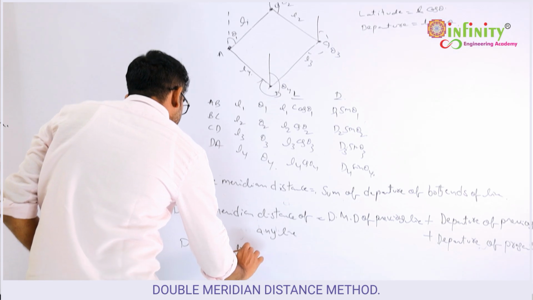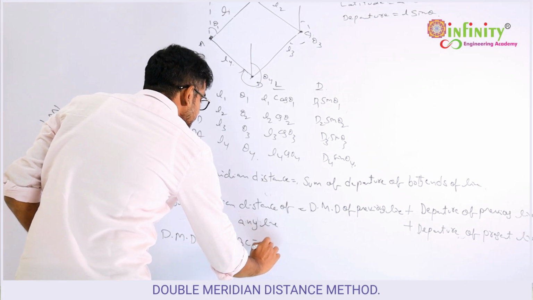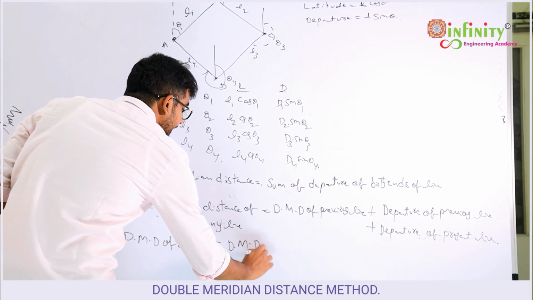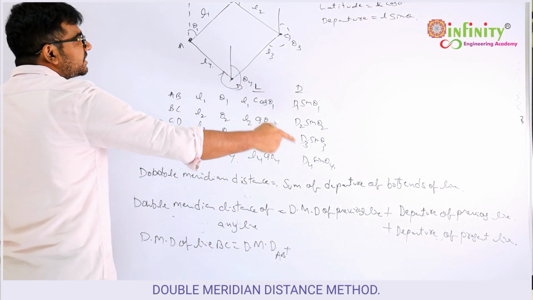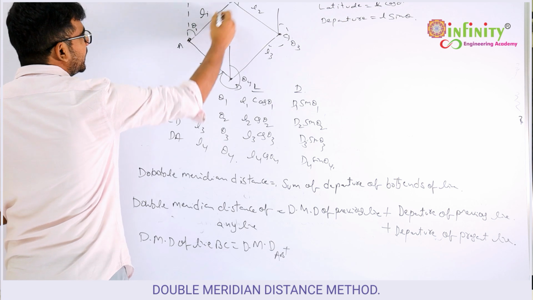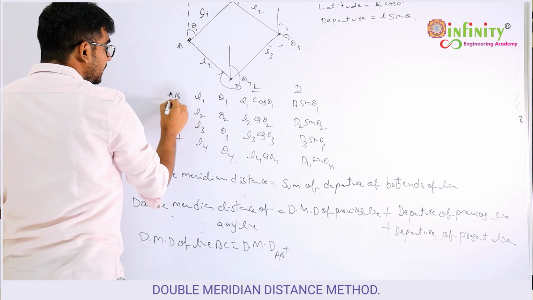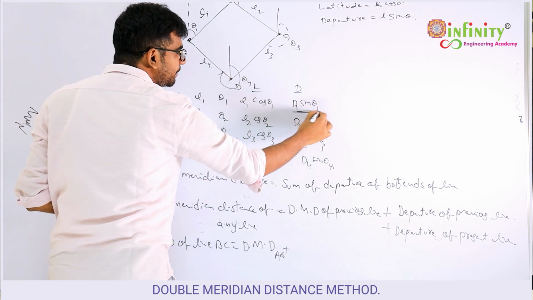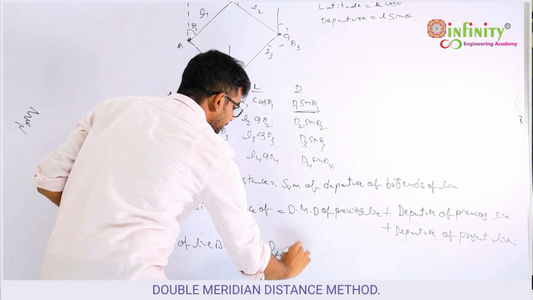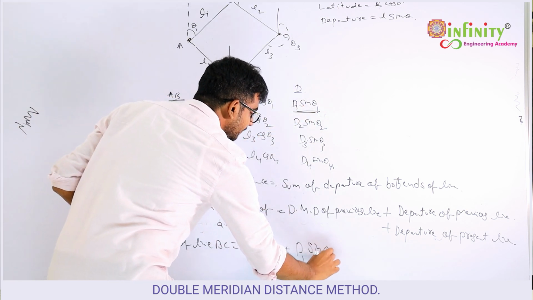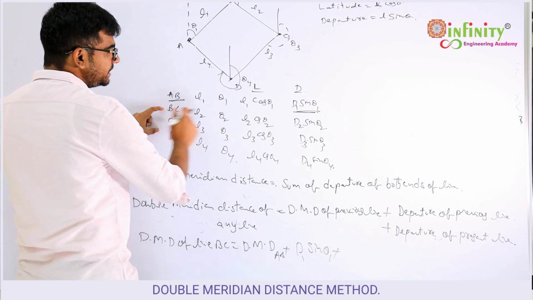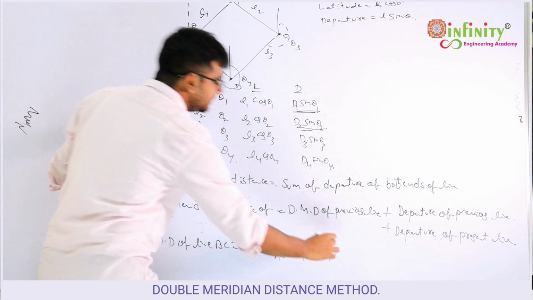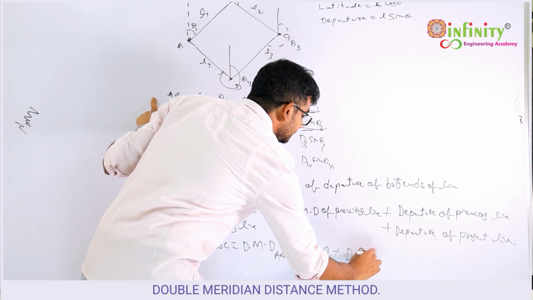DMD of line BC equals first the DMD of line AB, because AB is the previous line for BC, plus the departure of the previous line. For line AB, the departure is D1 sin theta 1, plus the departure of the present line, BC, which is D2 sin theta 2.